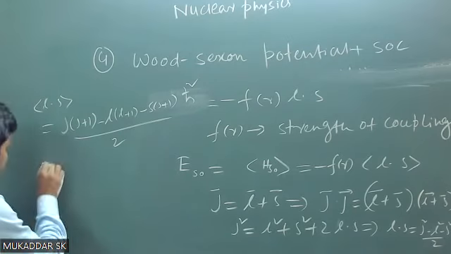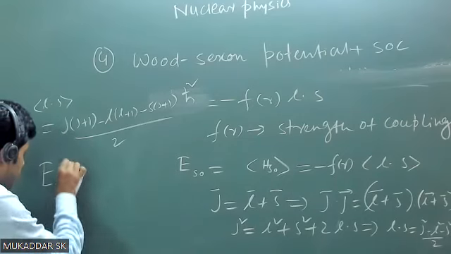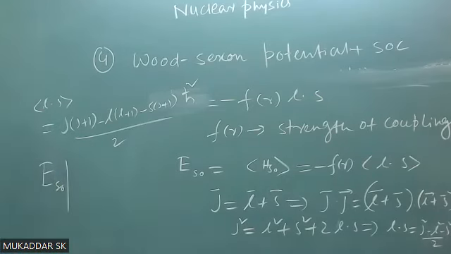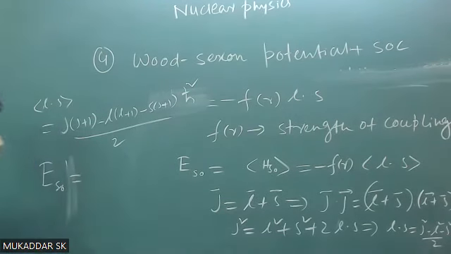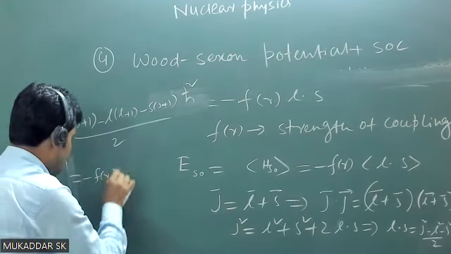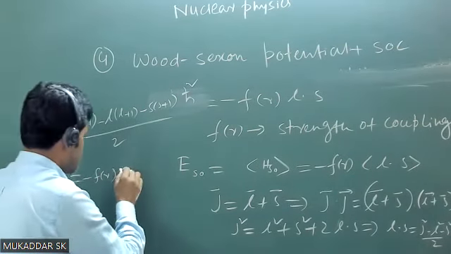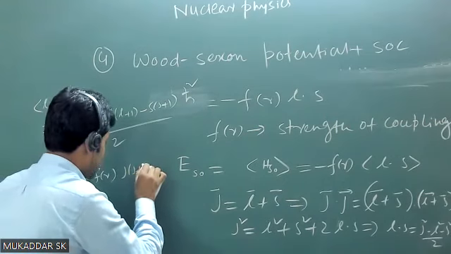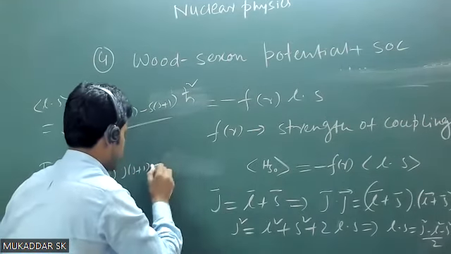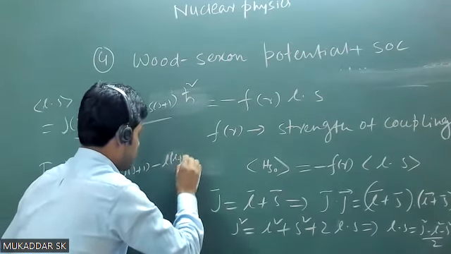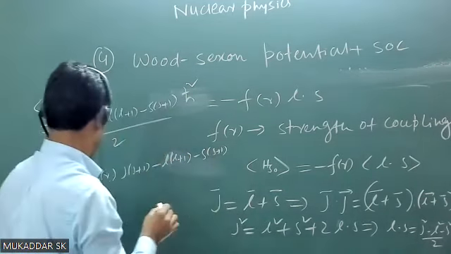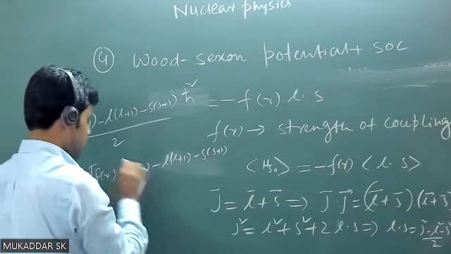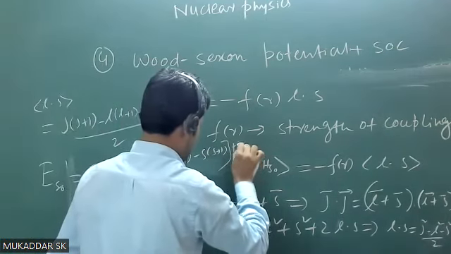सारे में से H cross square common मिलेगा. So ESO, the spin orbit energy, is minus FR, and then you have this factor J into J plus 1 minus L into L plus 1 minus S into S plus 1, right? And then you have H cross square by 2.